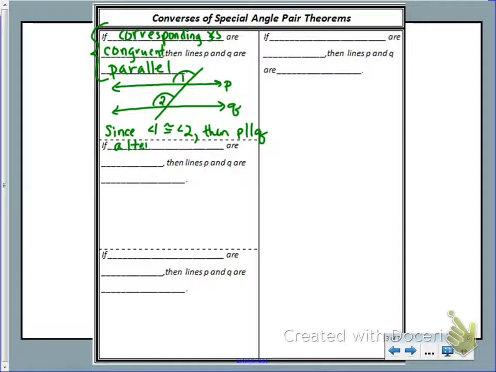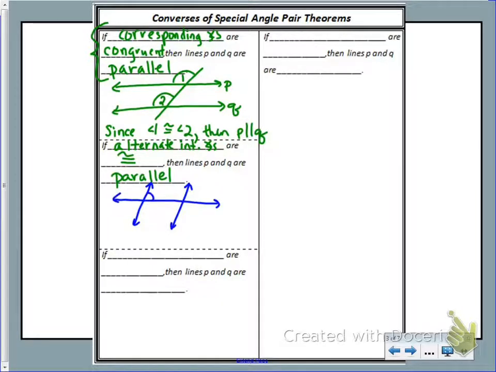If alternate interior angles are congruent, then lines P and Q are parallel. So now we have two lines. Again, we don't know if they're parallel yet, but what we're going to do is use the alternate interior angle relationship to show that they are.